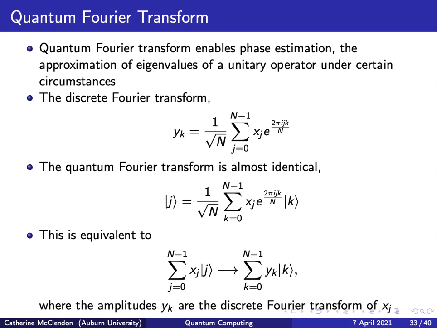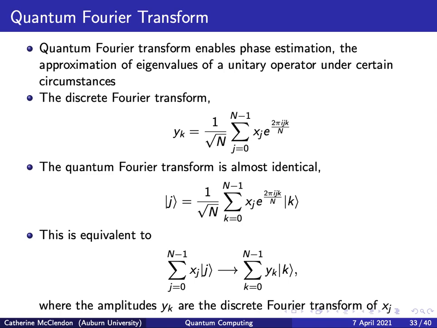And as you can see, it's almost identical in the setup of the equation. But the discrete Fourier transform takes a vector of complex numbers as input, where a fixed n is the length of the vector, and it outputs the transformed data y_0 to y_(n-1), which is y_k.